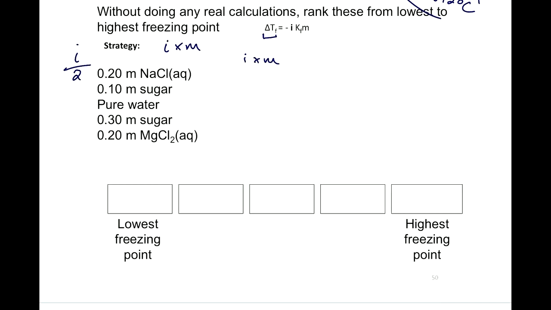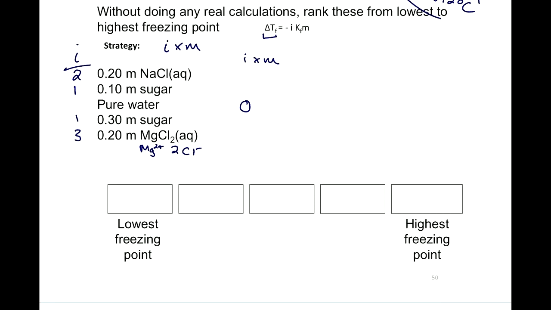What about sugar? 1, because it's a non-electrolyte. Pure water, we can ignore, the i times m is going to be 0, so there's no freezing point lowering in this case. Sugar again, that's 1, but then magnesium chloride. This one's going to be 3, because when we dissolve magnesium chloride, we get a magnesium 2+ and 2 chloride ions. So there's a total of 3 particles there.